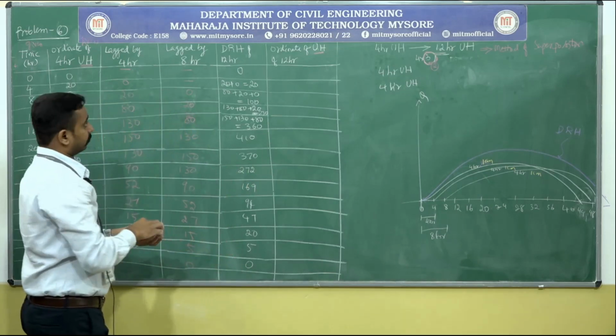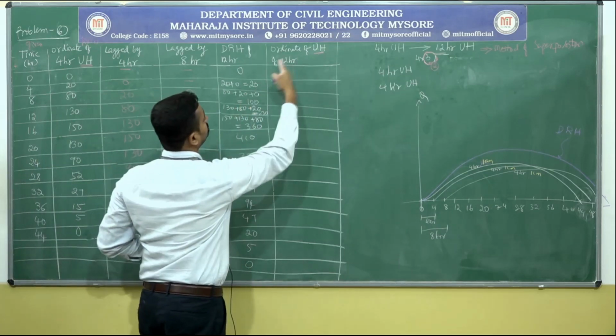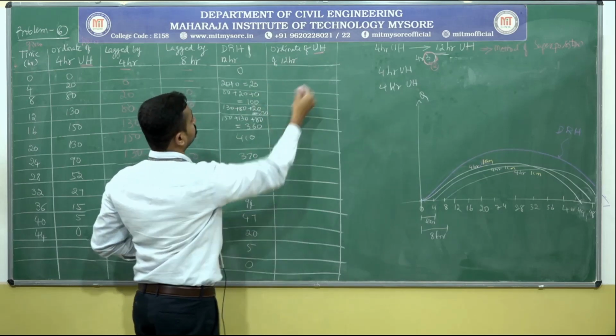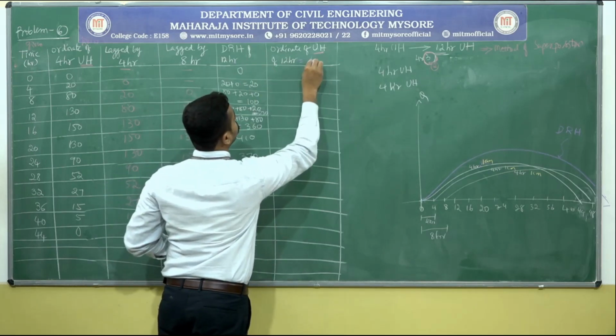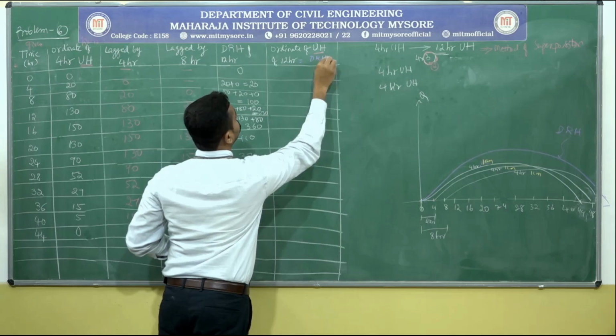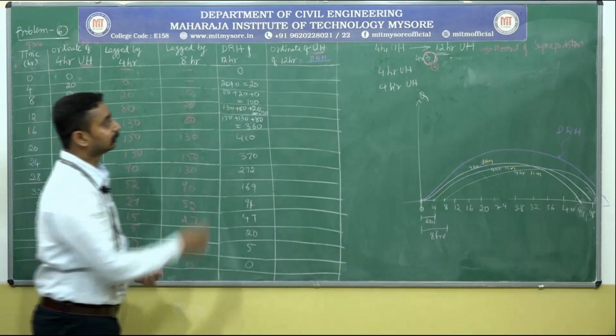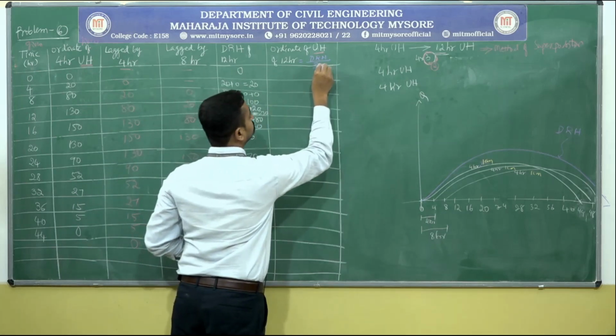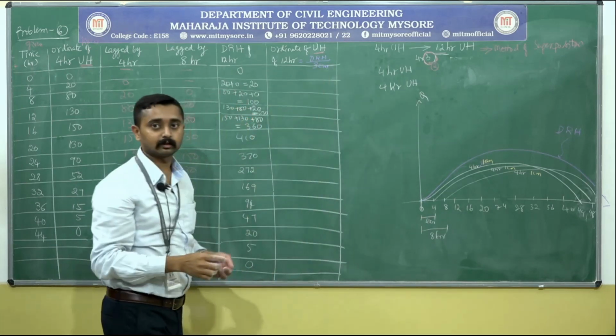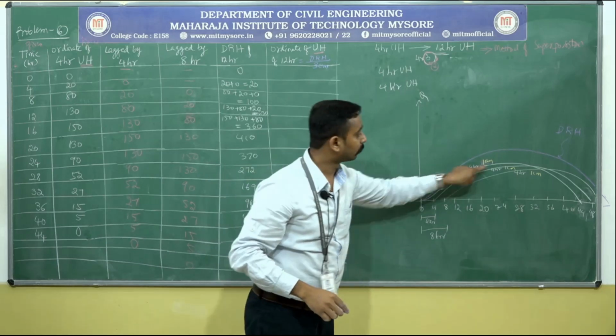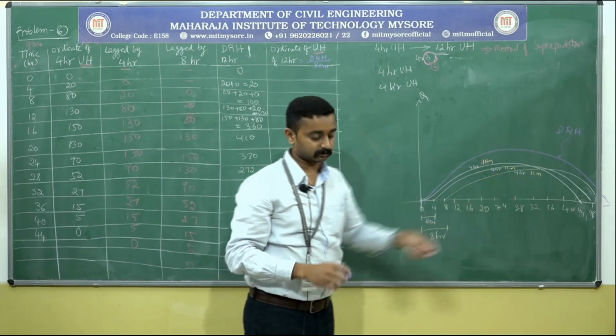Now, the ordinate of the unit hydrograph of 12 hours is nothing but this DRH divided by 3 centimeter. Here 1 centimeter, 1 centimeter, 1 centimeter, so 3 centimeter.